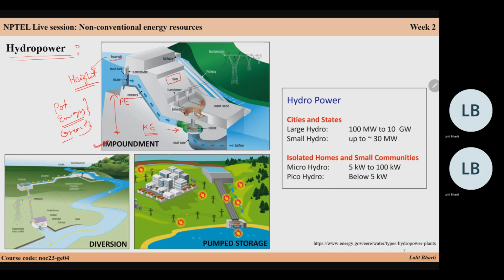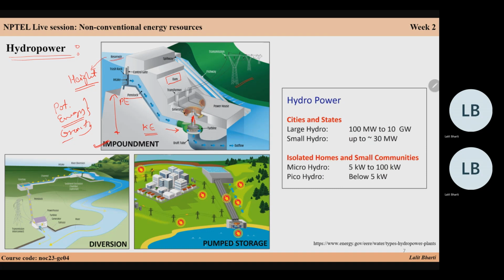So as the turbine is rotated, this turbine is attached to energy generators. So these generators generate energy, and this is supplied to the transmission lines.